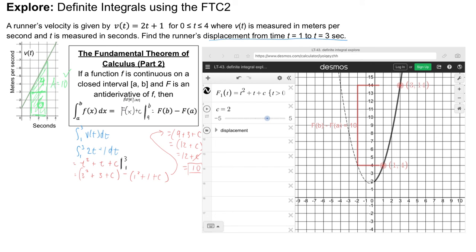So it doesn't matter whether the function shifts up or down. The change in y value, the displacement, is always going to be the same. That's why the c value doesn't matter, because we're not dealing with the exact y values of the antiderivative function. We're dealing with the change in the y values, and that's why the c doesn't matter for definite integrals.